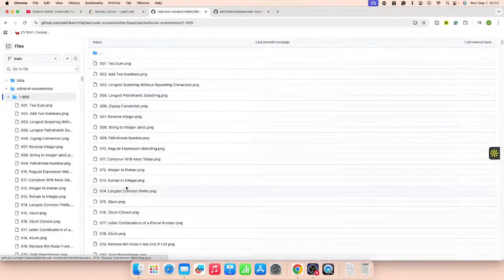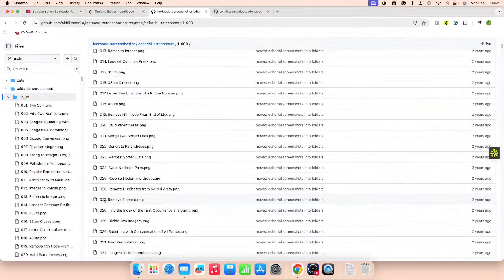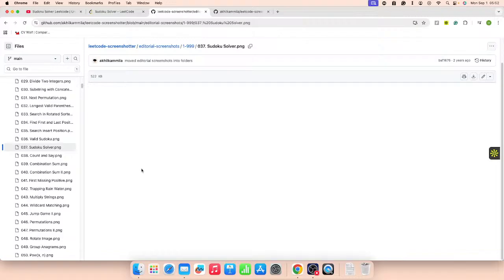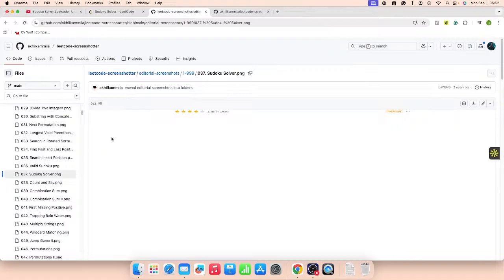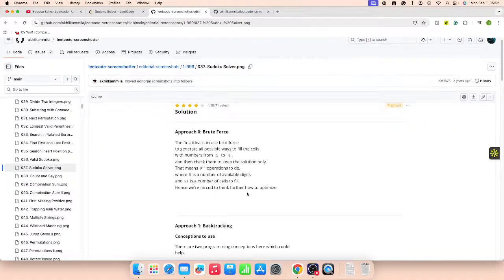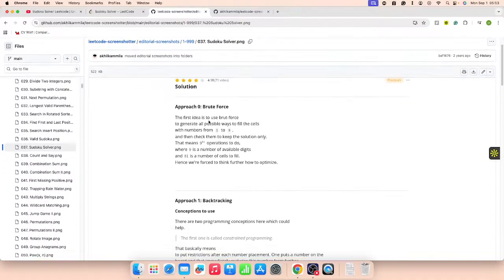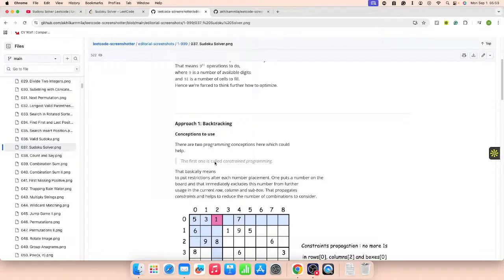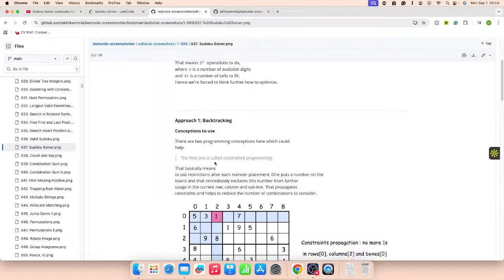And there's a pattern that Leetcode is not changing the number of the questions. Okay, let's wait for it to load. First idea is to use brute force like we were thinking, guys. This is 9 to the power 81 operations. And then we have backtracking here. What is backtracking? Backtracking is a part of recursion, right?